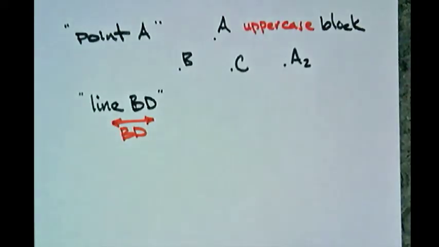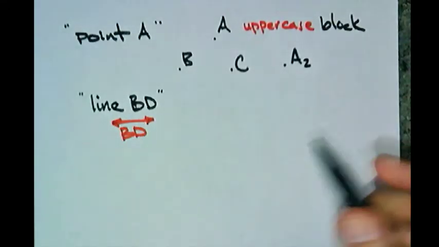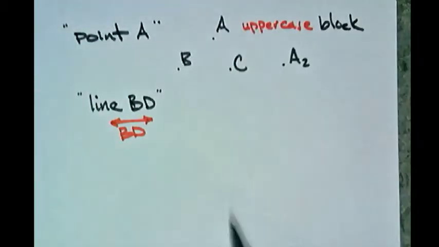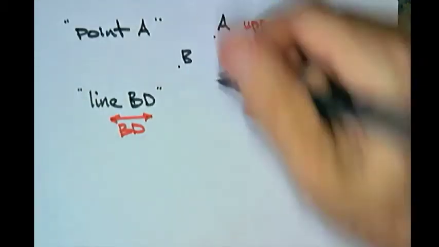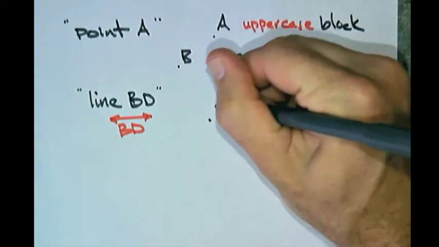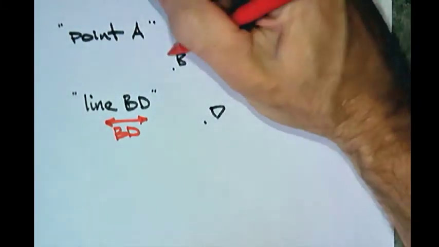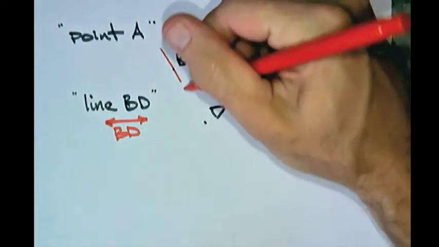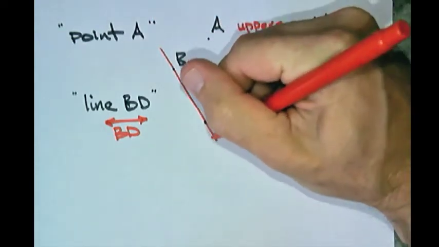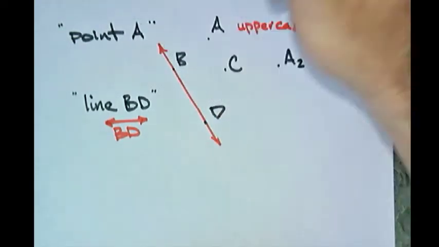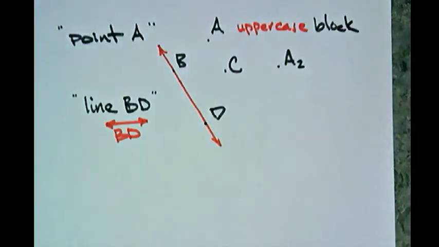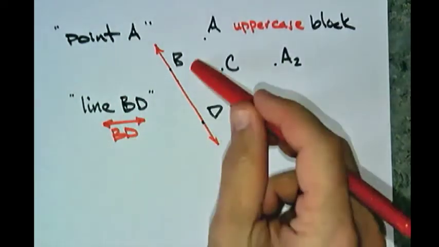That means line BD. And then the picture for it: there's point B. There's only one point B. And then there's the point D. And then a line will go through those 2 points forever and ever. Such as that. So, English, symbol, picture.